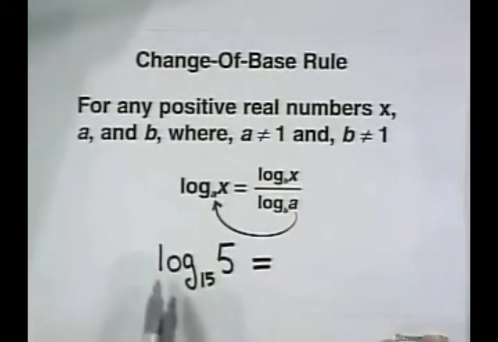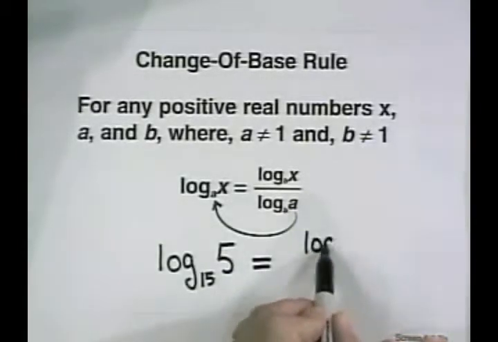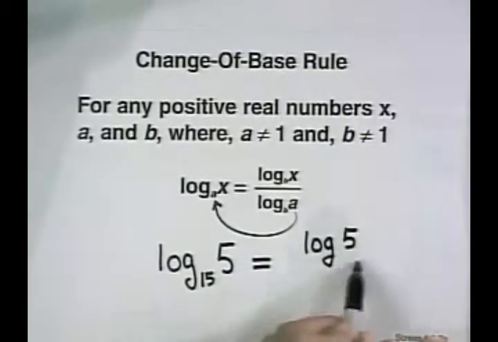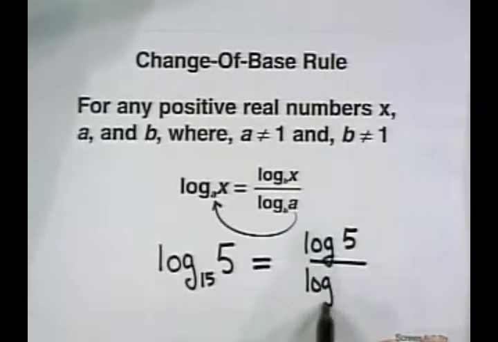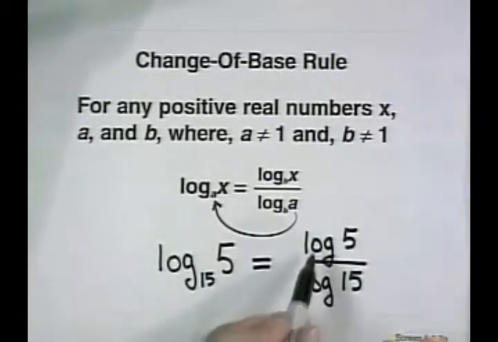But thanks to the change of base rule, we can say this is the log of 5 divided by the log of 15. We could just as easily have used natural logs, ln, instead.